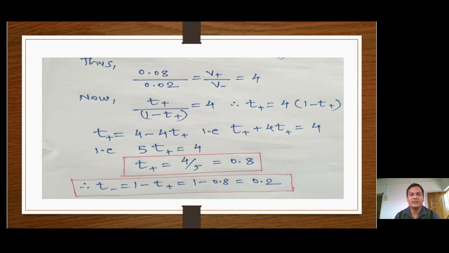Take cross multiplication, so T plus is 4 into 1 minus T plus. Solve this bracket, and lastly you will get T plus is 4 by 5, and its answer is 0.8. Subtract this value from 1 and you will get T minus: 1 minus 0.8 is equal to 0.2. In this way you can solve this numerical.